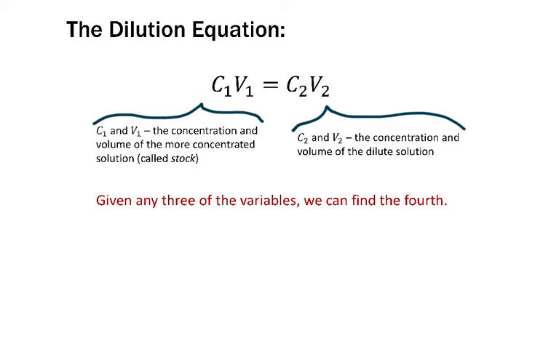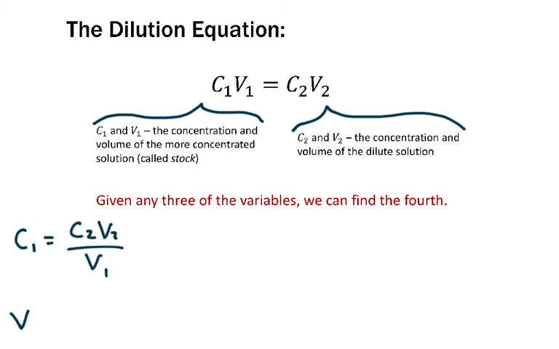So for example, let's say that the concentration of the stock solution is unknown, but everything else is known. So that means we want to find out what C1 is, right? So we could say C1, and divide both sides by V1, and we get an equation for C1 in terms of the other 3, assuming we know those.